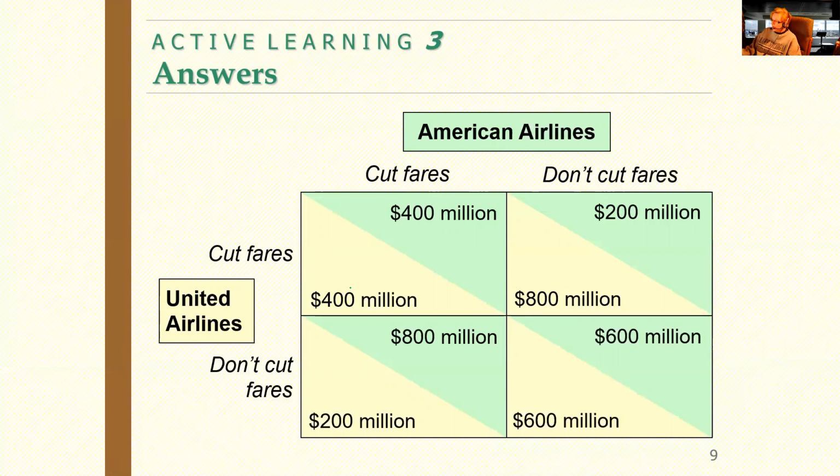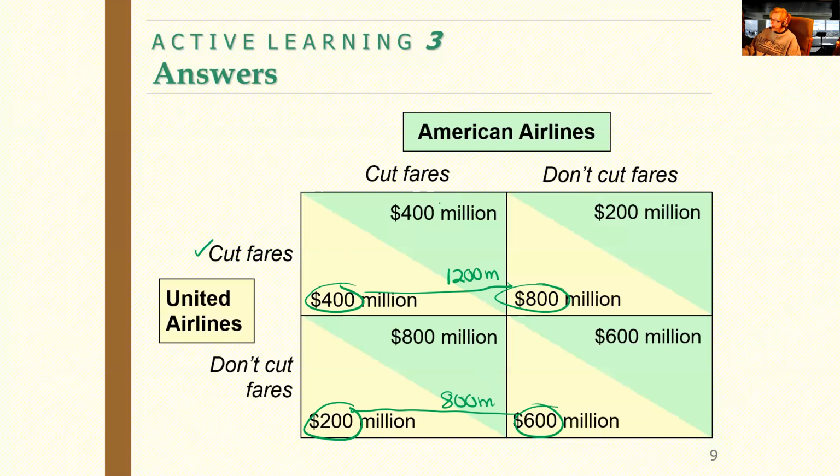So United Airlines, we have 400 million and 800 million. That's 1,200 million. We have 200 million and 600 million. That's 800 million. Which is better? Definitely 1,200 is better than 800. So cut fares is going to be the dominant strategy for United Airlines.